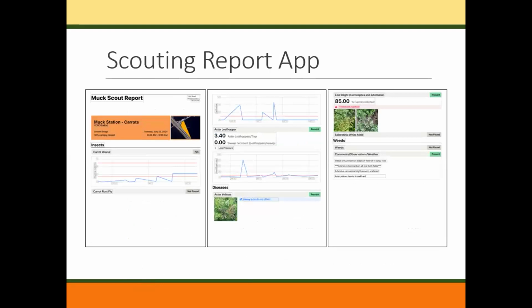And just to touch on our scouting report app. This is something that the scouts use. You don't need to download a new app or anything like that on your phone. The scouts generate these PDF forms that we just send to you directly by email. And this is just an idea of what you'll see.